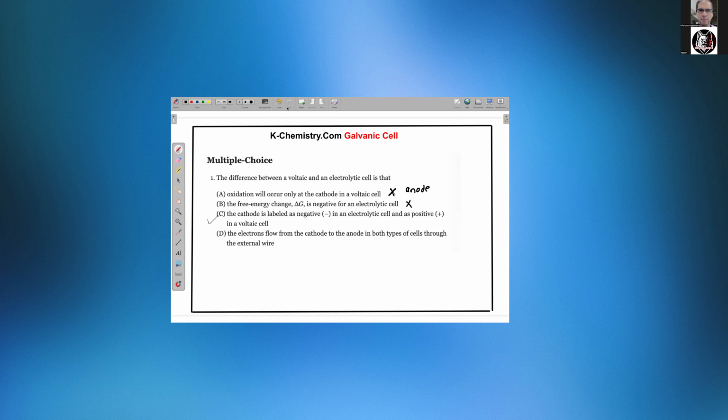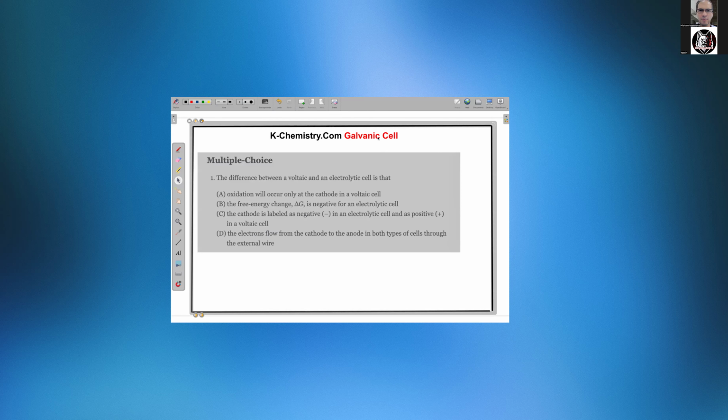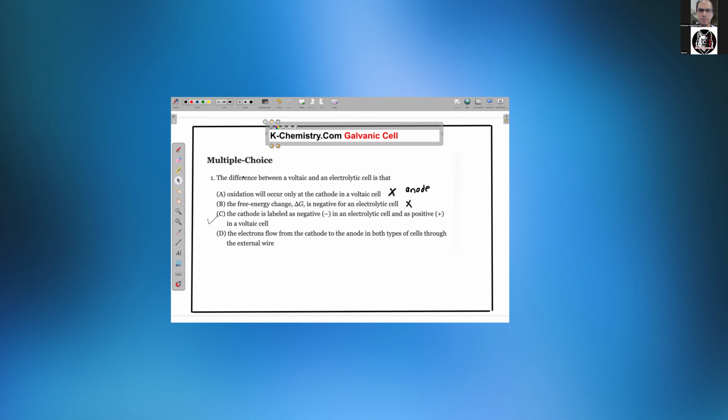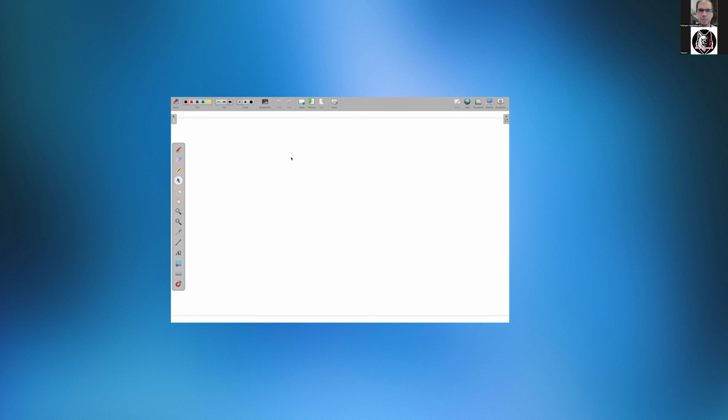So let's take the second one. Okay, the second one: consider a voltaic cell, E naught cell equal to 0.62, composed of cobalt, copper, and their respective M2 plus ions.